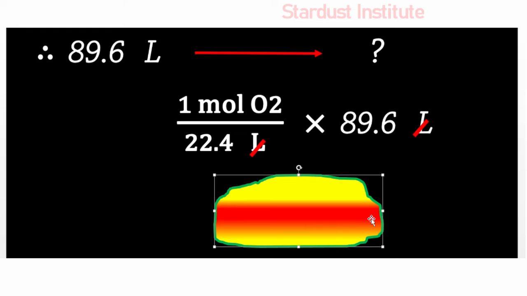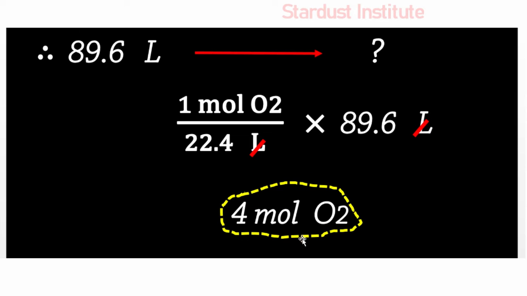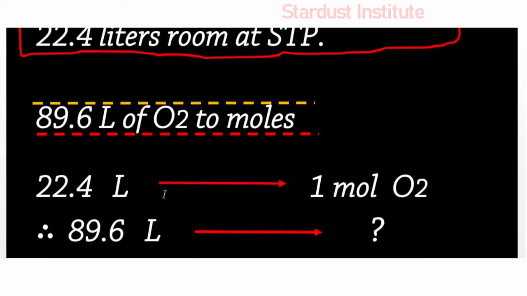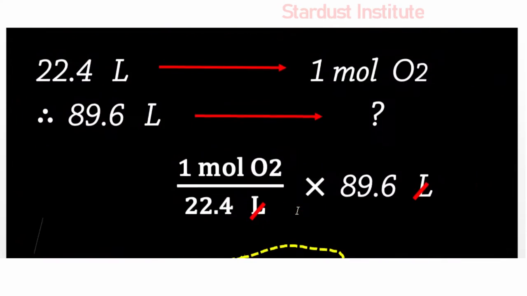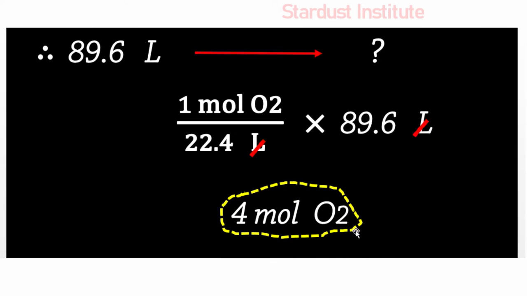Then we get 4 moles of oxygen. That means this 89.6 liters of oxygen means these 4 moles of oxygen.